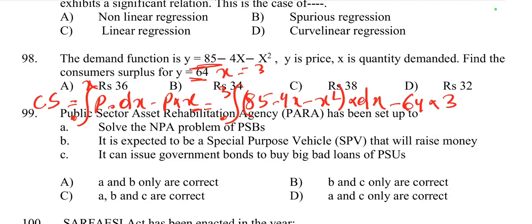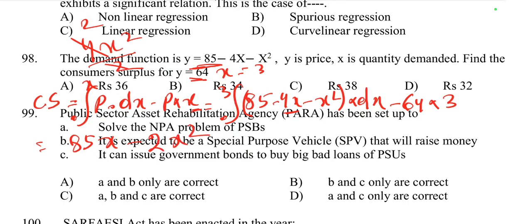So 64 into 3. By simplifying this equation, first we find the integration. The integration of 85 is 85x, just the reverse of the derivative. Then the integration of 4x is 4x square by 2, which is 2x square.